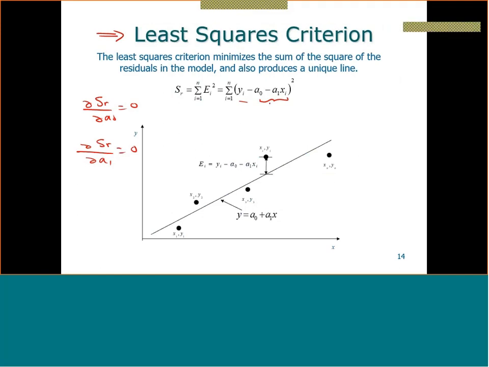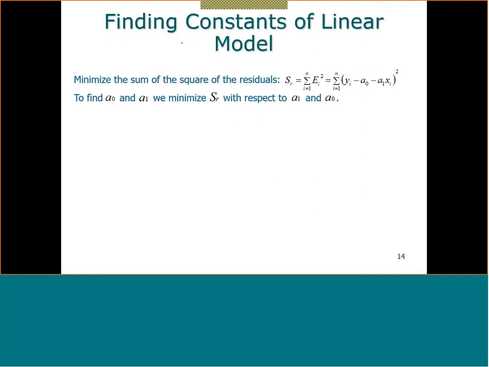I will solve for a0 and a1, because this is what I want to find, and then I will get a function that minimizes the square of the error. This is what we call the least square technique. It's a very popular technique used to fit curves, called the least square criterion.